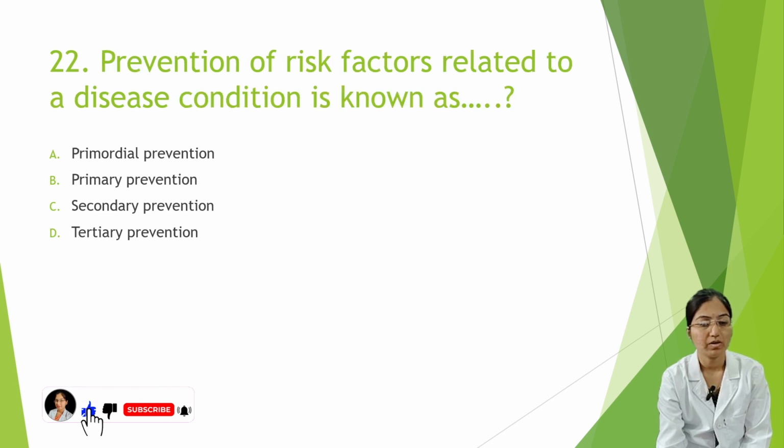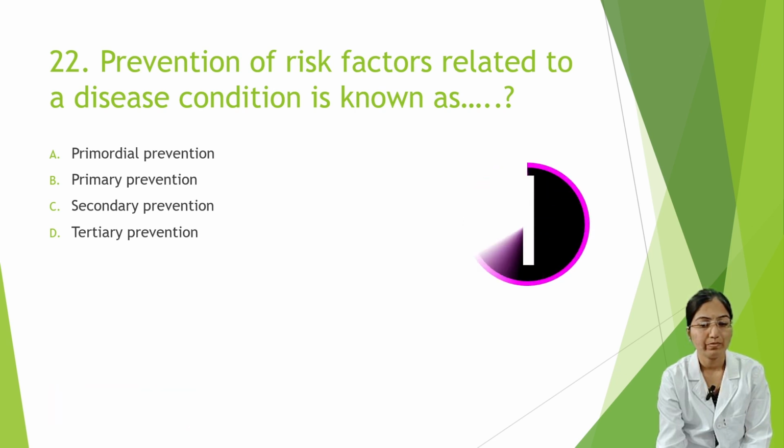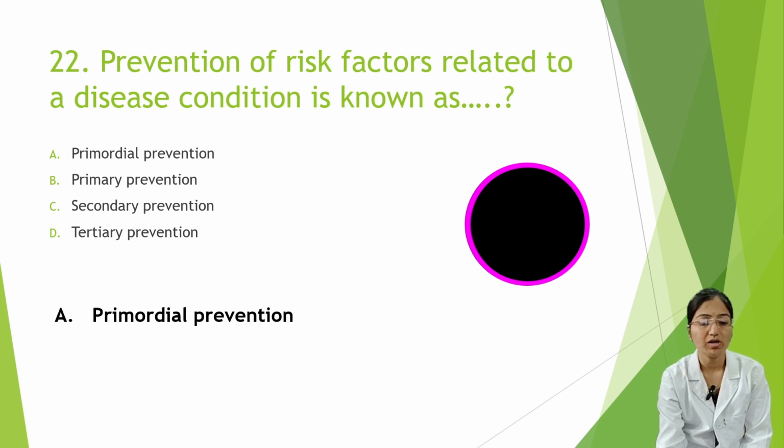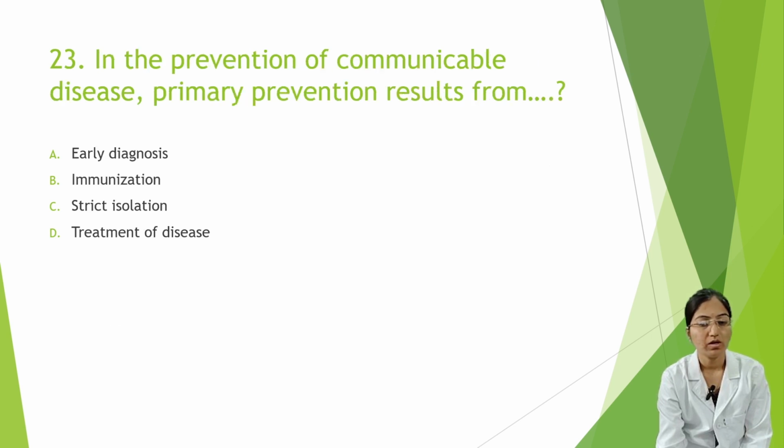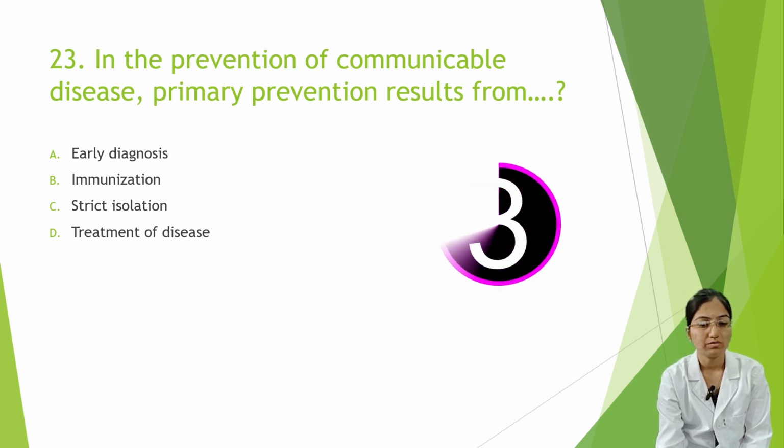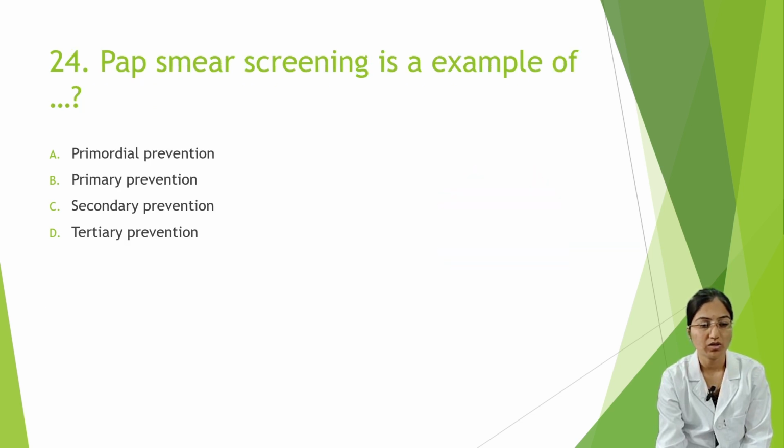Assam. Prevention of risk factors related to a disease condition is known as primordial prevention. In the prevention of communicable disease, primary prevention results from immunization.